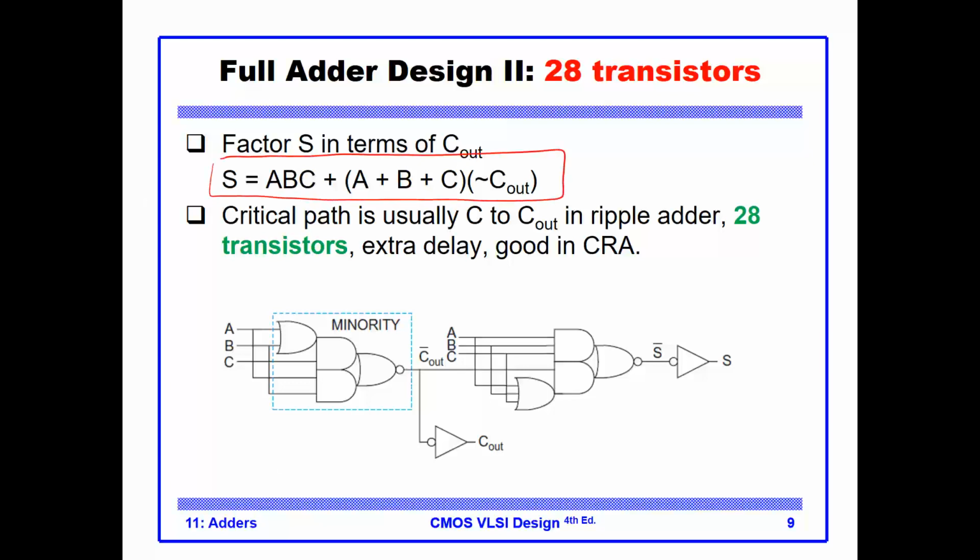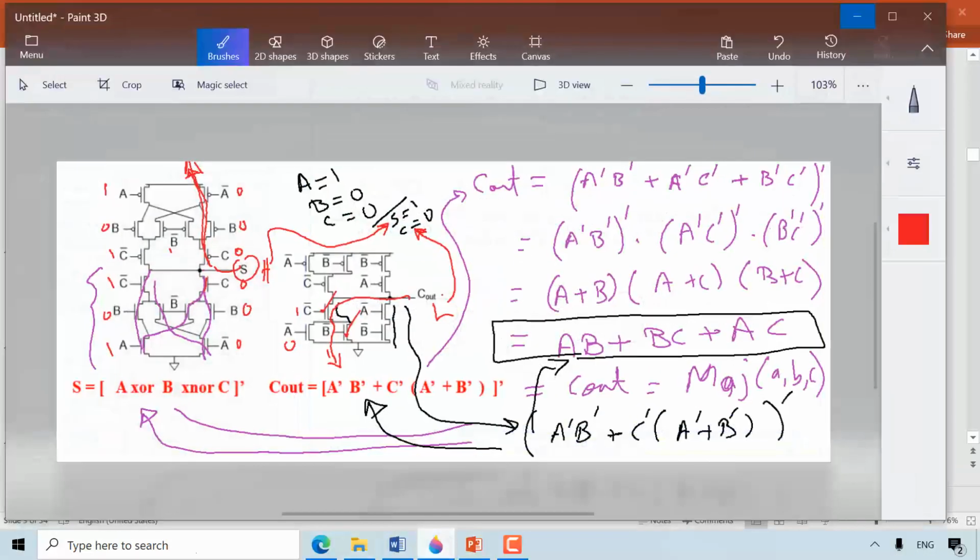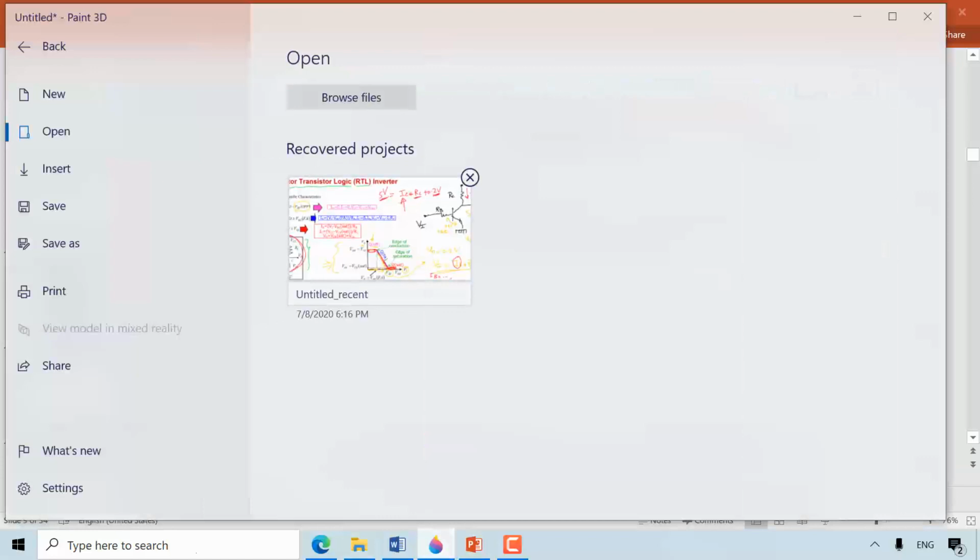Basically, we would like to express the sum in terms of Cout, and that will benefit us by reusing the hardware that we generate the Cout with to implement the sum, and that should reduce the sum of the transistors. So let's go to the whiteboard and use a new whiteboard.